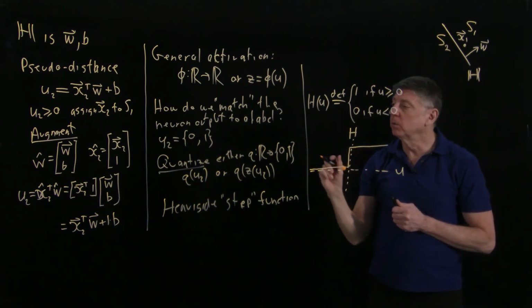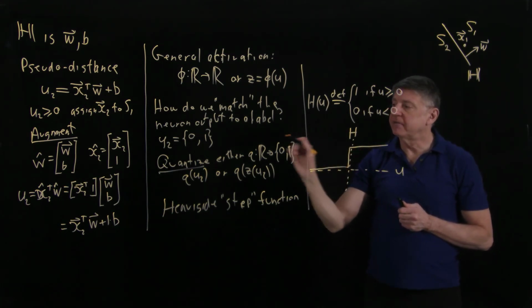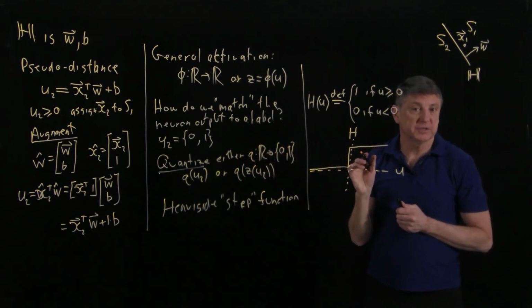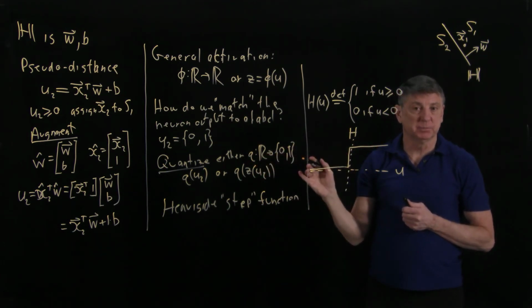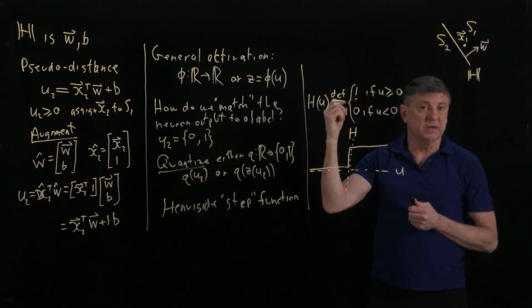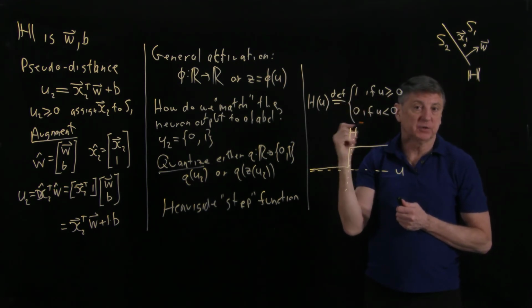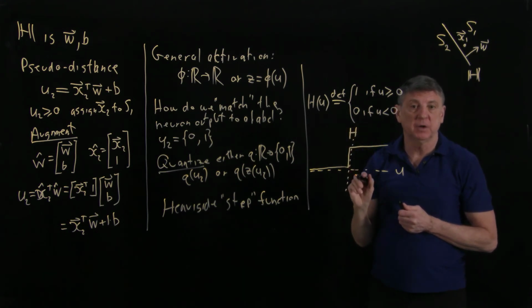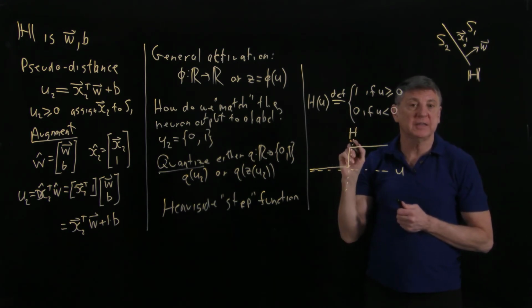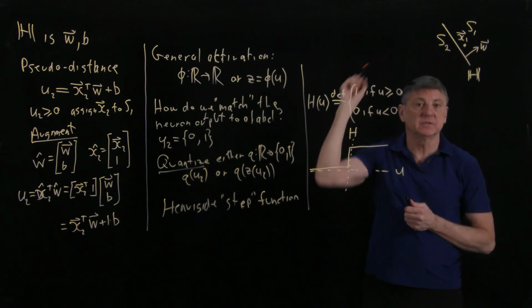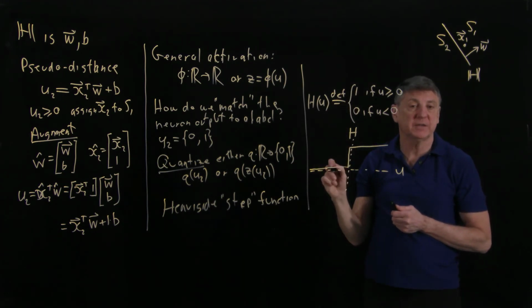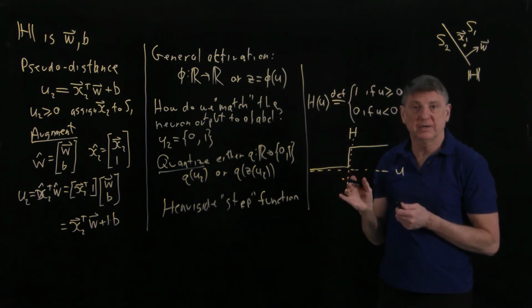And so what we'll get is this. We have a quantization function, which is the Heaviside step function. It's simply saying it's 1 if this is a non-negative number, and it's 0 if it's a negative number. And that will cause the pseudo-distance to be transformed into a classification of 0 or 1.